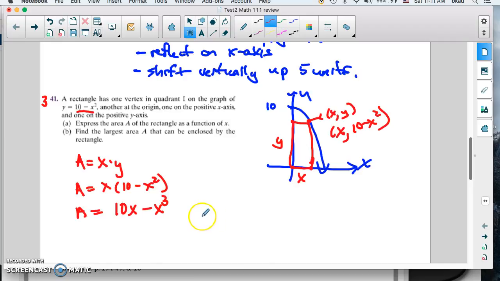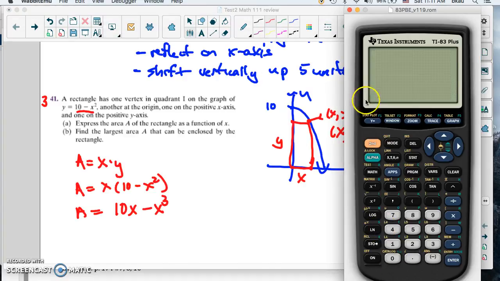Now, we want to know when that has a maximum. So what we're going to do here is use our graphing calculator to figure that out. We're going to take our function and graph 10x minus x to the third, and look at it at the standard window, so that's zoom 6.